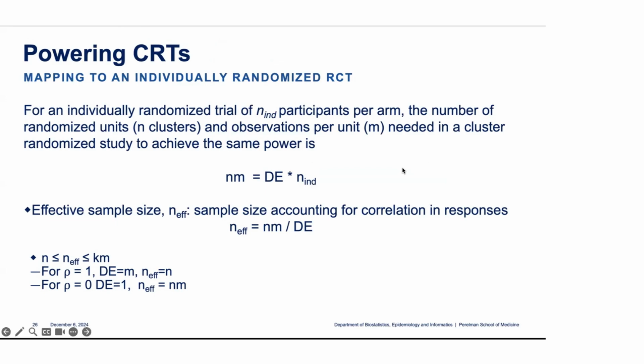And we note that product would have to equal the total number of observations in the cluster randomized trial, when we take the product of the number of clusters and the number of observations per cluster, right? So this enables us to use very simple sample size calculators in order to power cluster randomized trials, which have a more complex structure, but have this very straightforward mapping. So in practice, this is what I always do. I always start with the individually randomized trial and then scale it up or down depending upon the number of clusters and number of observations per cluster.